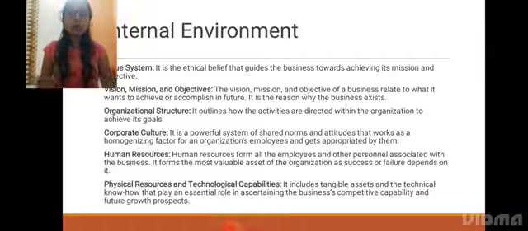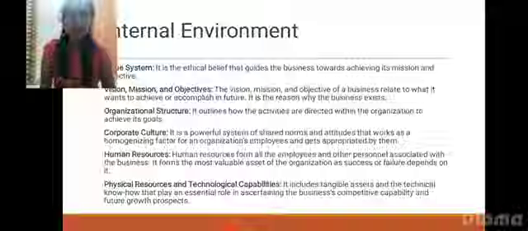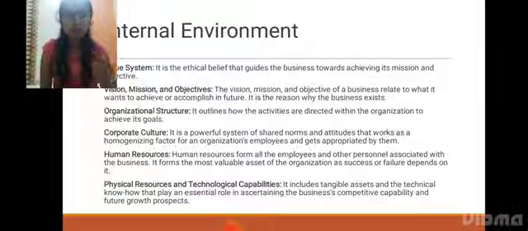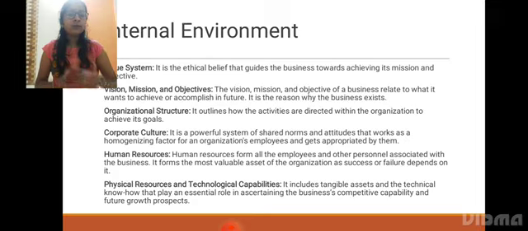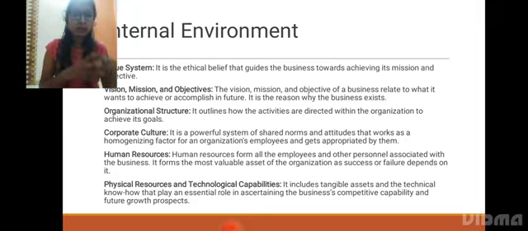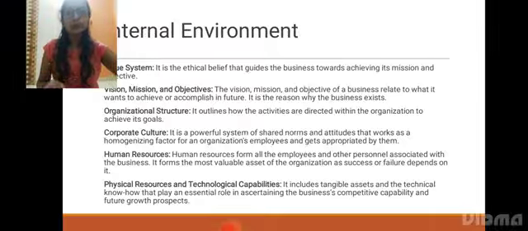If I'm talking about organization structure, it outlines how the activities are directed within the organization to achieve its goals. So every organization has its own organization structure. It's like a hierarchy that every individual, employee, superior, boss, everyone has to follow. Corporate culture is a powerful system of shared norms and attitudes that works as a homogeneous factor for an organization's employees, and gets appropriated by them.